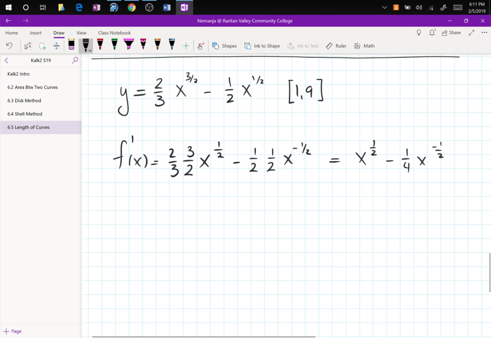Such is life. Have your square root, and that would be easier. I don't know why you would do x minus.